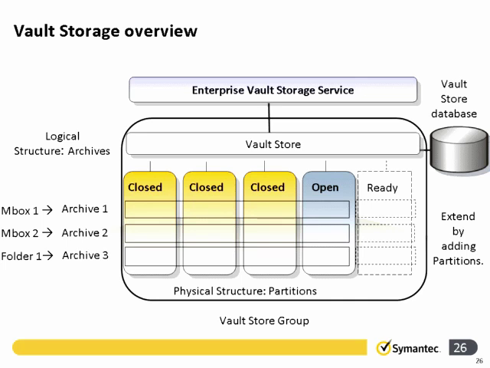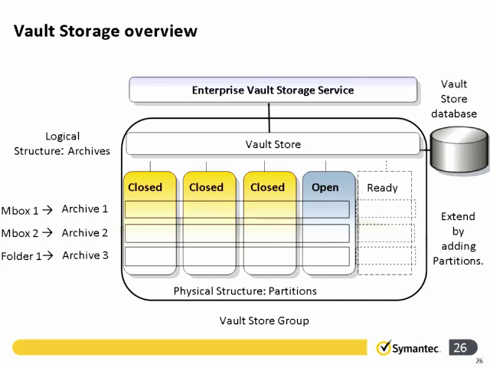The partitions are the physical structure that makes up where I'm actually storing the items. You can see that I have a mailbox, and that mailbox has been archived, mailbox 1 to archive 1. Now, the archive itself is not associated directly with any single partition.